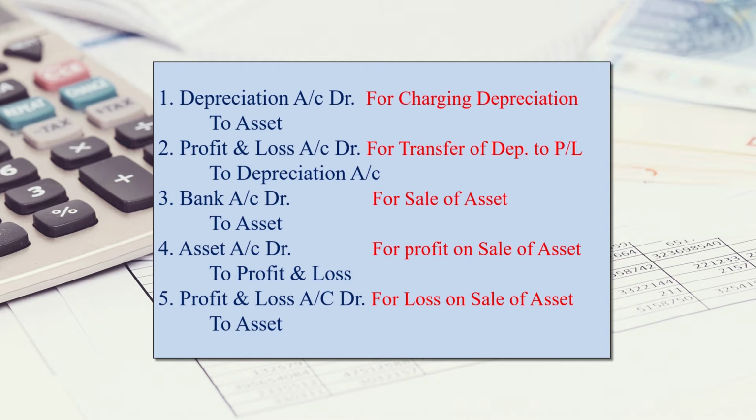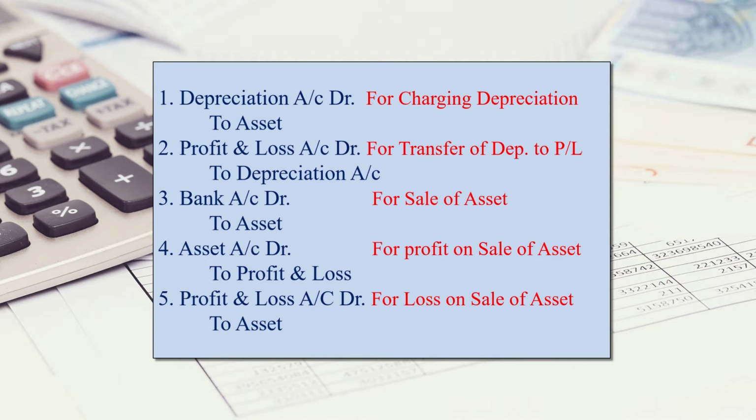Then for profit on sale of the asset. When the asset is sold, it is sold either at a profit or at a loss. If we have earned any profit on sale of the asset, that profit will also be transferred to the profit and loss account.